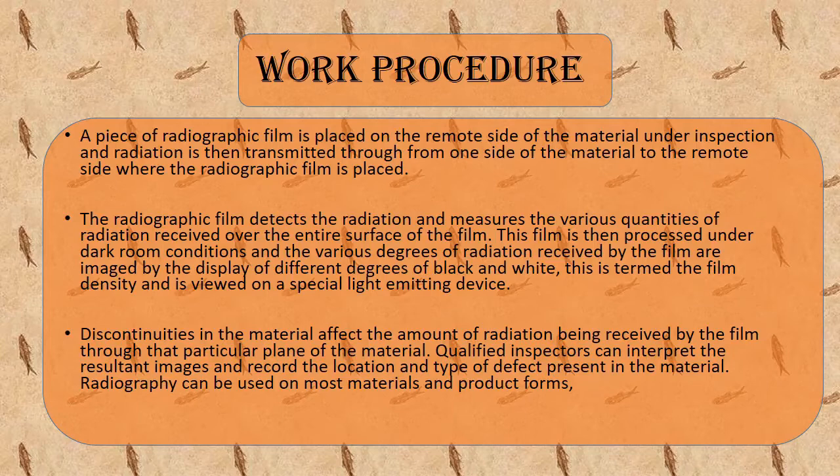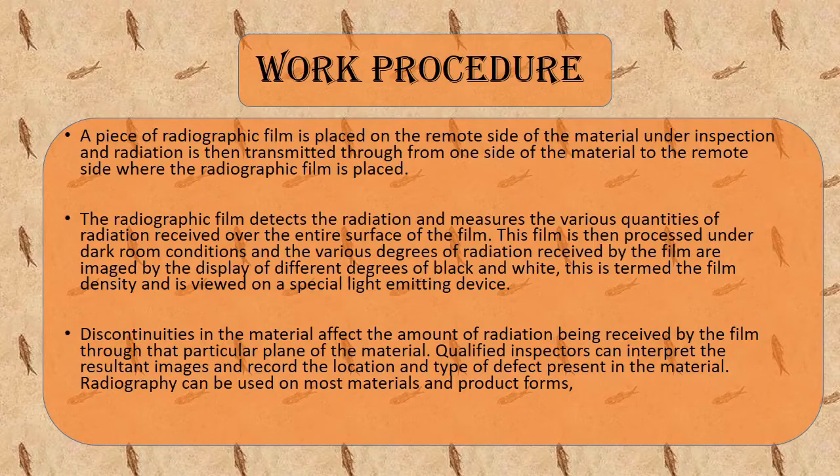Radiographic testing provides a permanent record in the form of a radiograph and provides a highly sensitive image of the internal structure of the material. The amount of energy absorbed by the object depends on its thickness and density. Energy not absorbed by the object causes exposure of the radiographic film. This area will be dark when the film is developed.